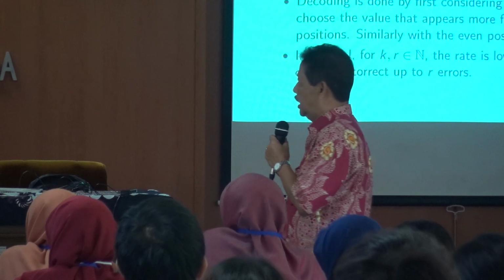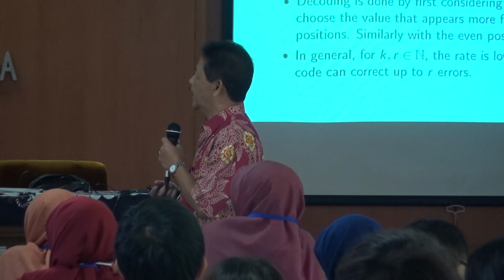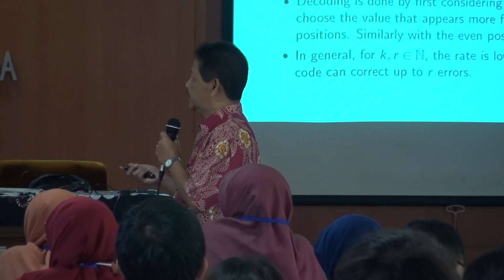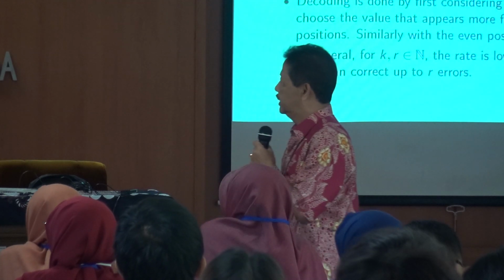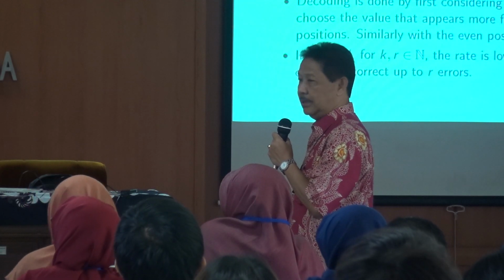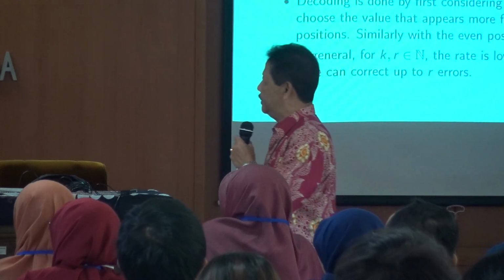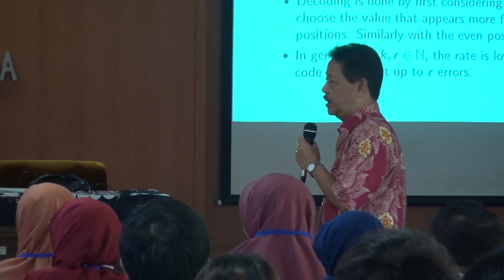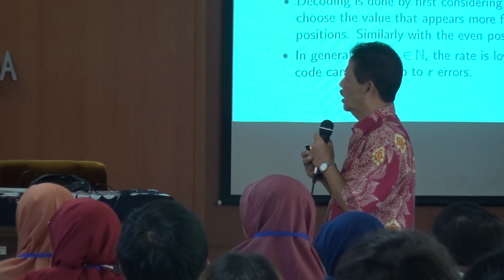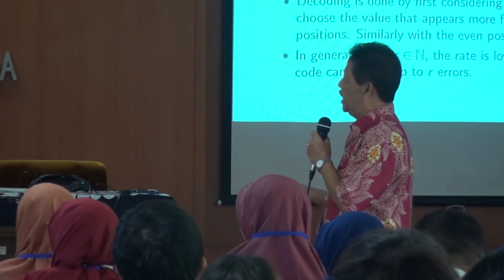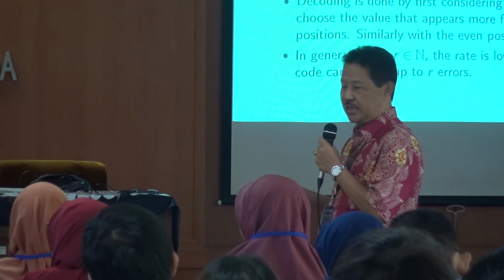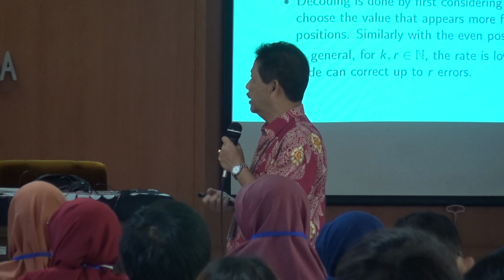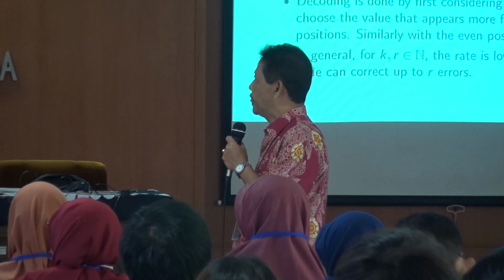Another example is the binary repetition code. A is the same as before, 0 and 1, and n is k times 2r plus 1, where k and r are natural numbers. Messages are elements in A to the k, that is k-tuples, for fixed k.